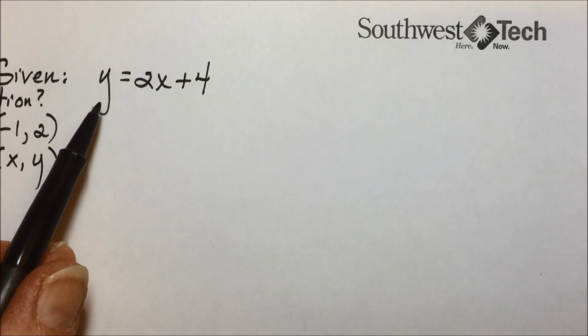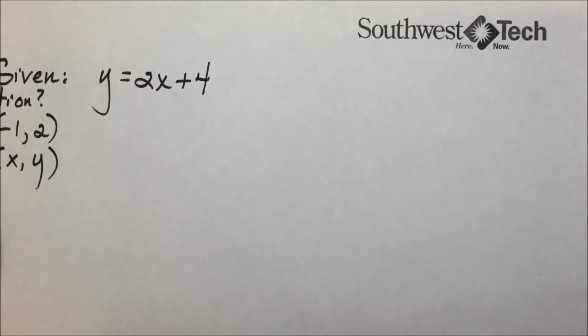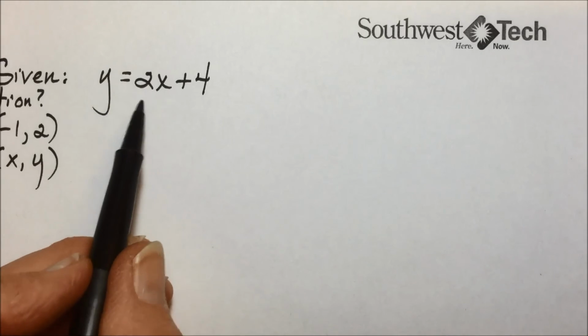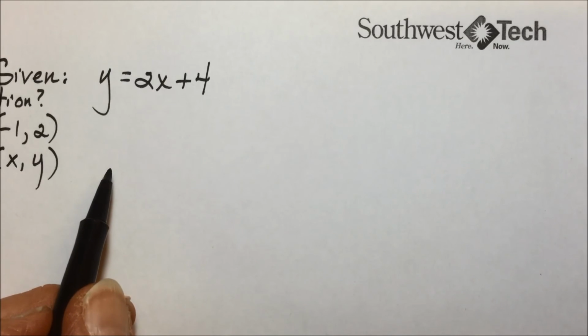Well, we could graph this equation similar to what we just did and see whether the point (-1, 2) is part of it, or perhaps the easier method is to test whether, when x is -1 and y is 2, it gives us a true statement, whether it satisfies this equation.